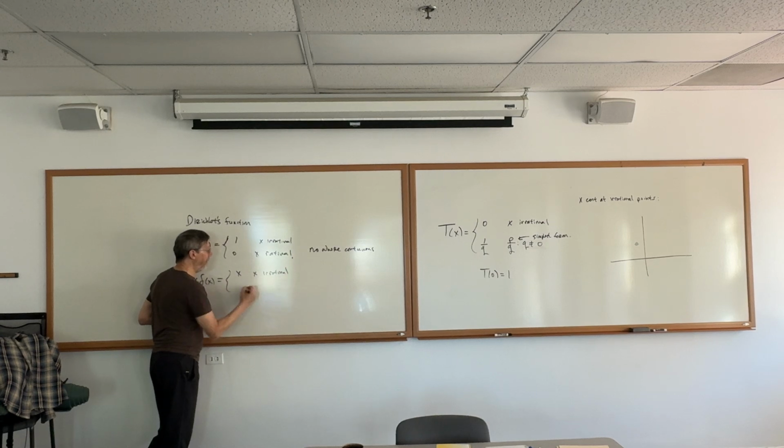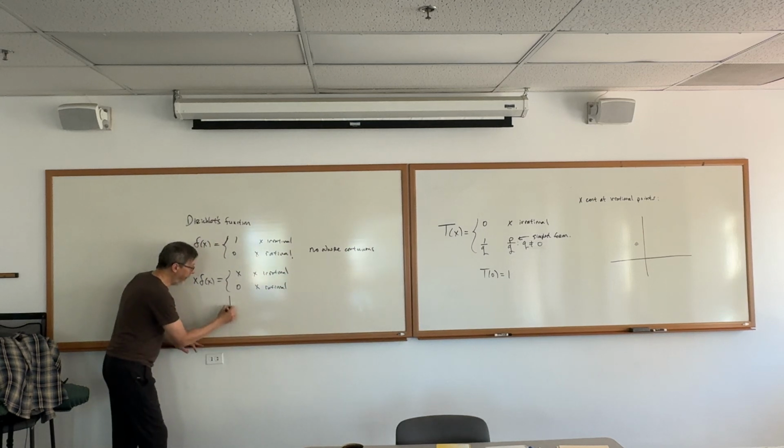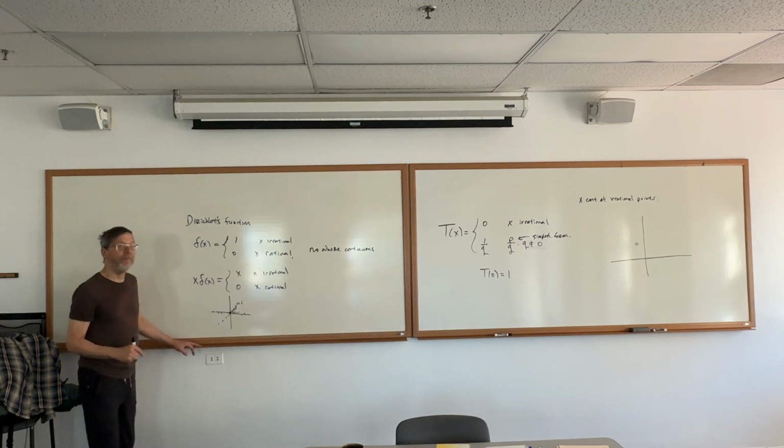Do you remember where that was continuous, Liv? At 0. Yeah, continuous only at the origin. Even though you've got this crazy fuzziness going on, the fuzziness piles up. Everything comes together at the origin and only at the origin. So that's kind of cool.